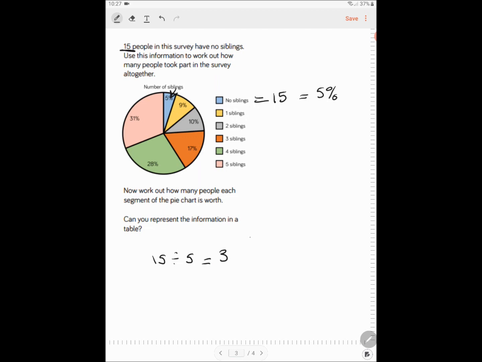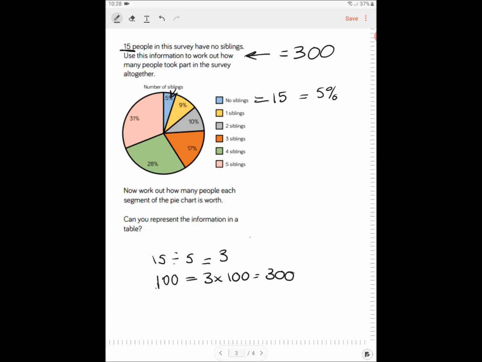And then 100% is going to be 3 multiplied by 100. So it's 300 people. So you're using the facts you know. So this question, the answer equals 300.